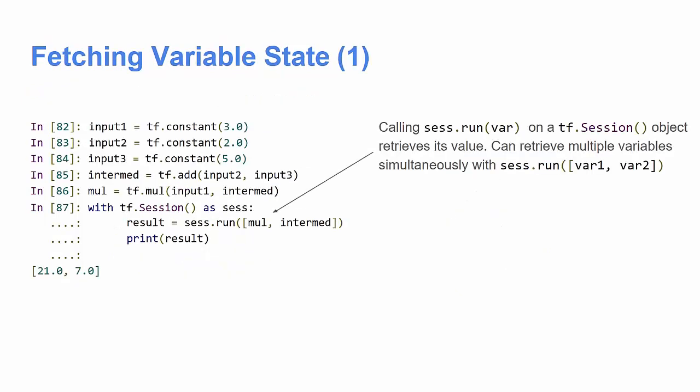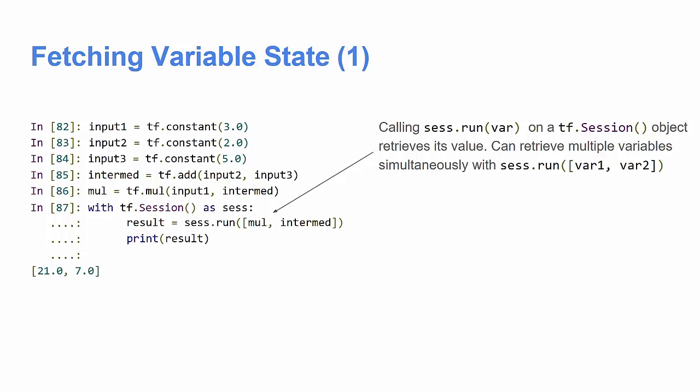Now how do we fetch variable state? If we have a constant input1 equal to tf.constant(3) and another input2 with tf.constant(2), another input3 with tf.constant(5), and we define an intermediate with tf.add(input2, input3) and mul equal to tf.mul(input1, intermediate).